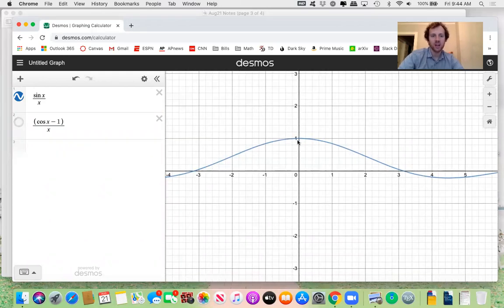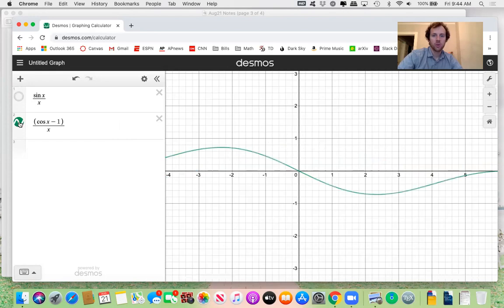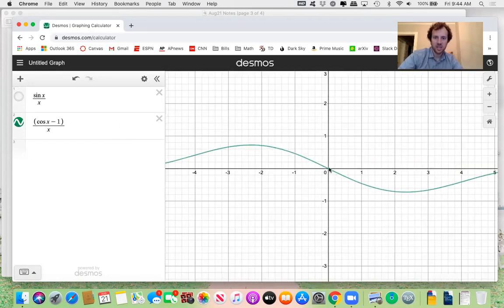There's a hole there because you can't actually put in 0, but we can see the limit's 1. For cosine of x minus 1, again, we can't put in 0 because we can't divide by 0, but it heads towards height 0 as x gets close to 0. So graphically, we can see that happening.